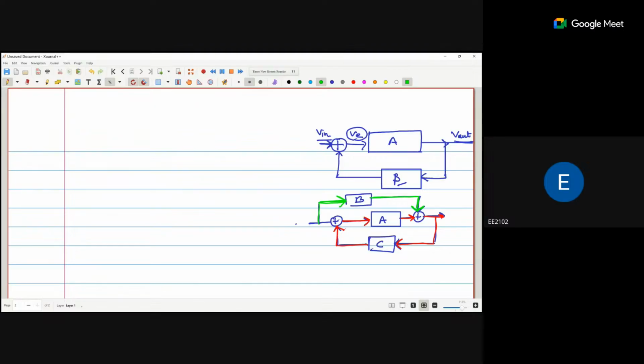If we feed signal from output to input, that will be the path C. That is the feedback path.